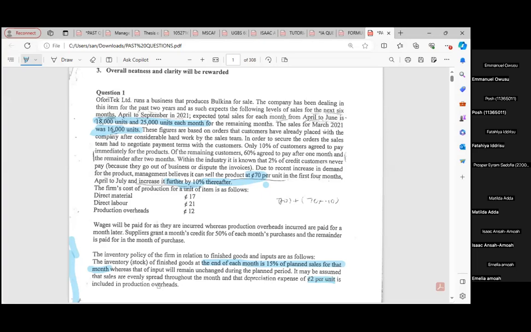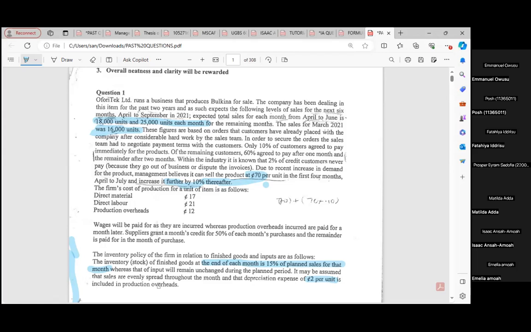If we talk about 2 cedis per unit, it means for you to get the total cost of depreciation, you may have to multiply by a per unit item, or something in units. So the required production unit still is good, right? So we have to multiply these 2 cedis by the required production unit to get how much depreciation was charged in each and every month.